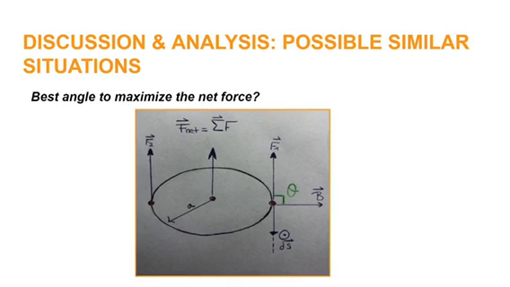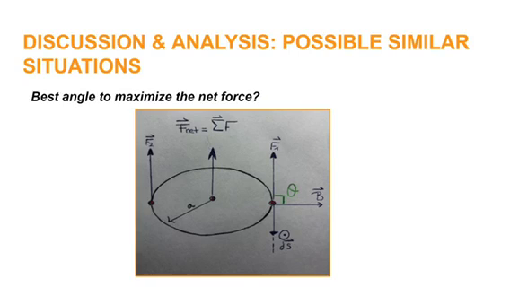Another interesting thing to consider is trying to find the best angle to maximize the resulting force. First, let's remember that the angle we are talking about is the one given in the exercise, the one formed by the vector of the magnetic field and the normal of the ring. As we said before, there is symmetry in this exercise, so we want the forces not to cancel each other.